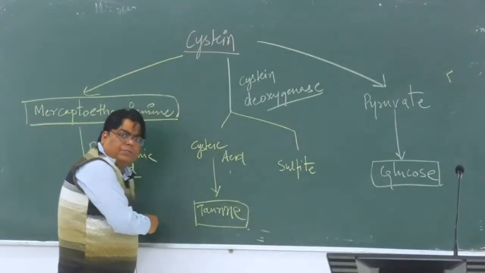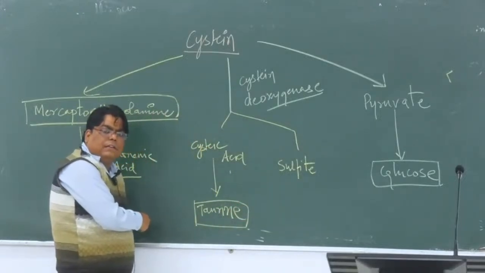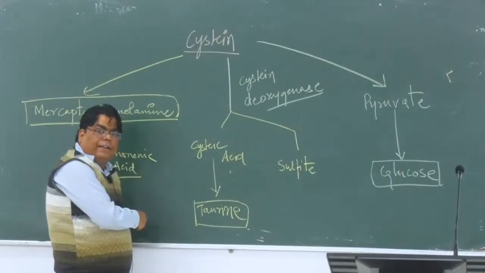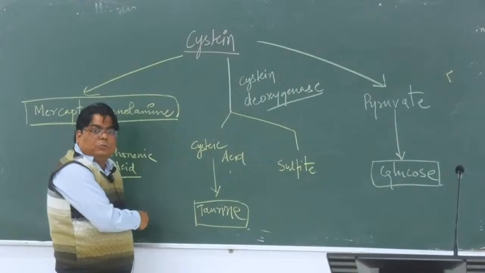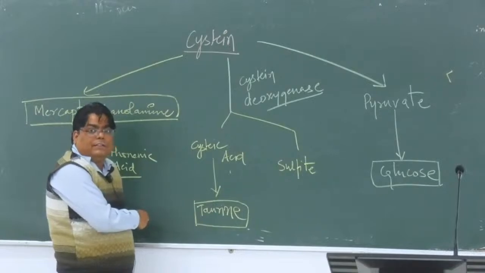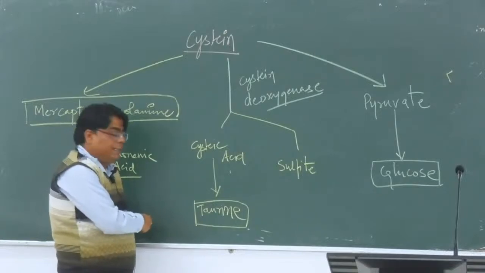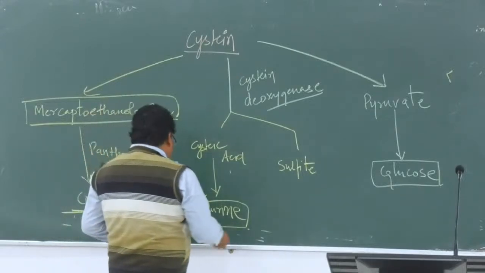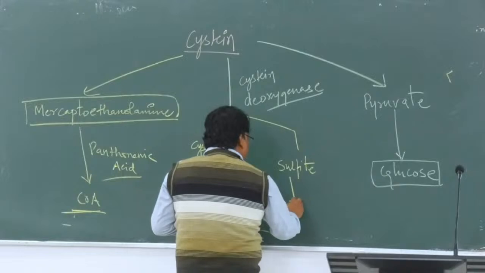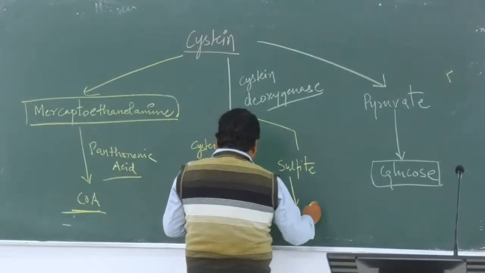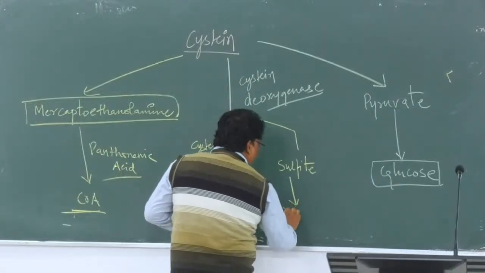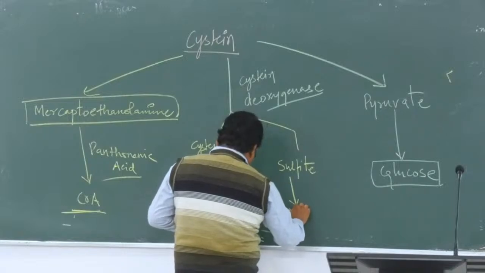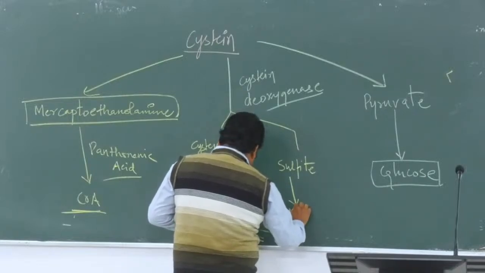This taurine is used in bile salt formation, sodium glycocholate, sodium taurocholate. This is the composition of bile salt where taurine is used. Okay, and this sulfite is used in the formation of phosphoadenosine phosphate.